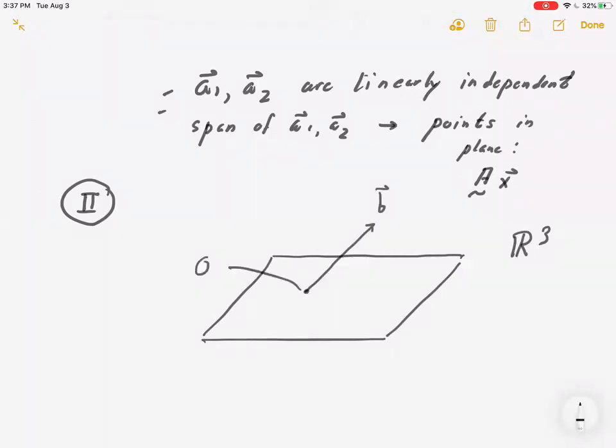And I want to know, what is the projection of B onto this plane? Well, if you think about it for a moment, this problem is a little bit more challenging. I can certainly take my vector B, drop a perpendicular line down to the plane, and I can get a projection here, which I'll call P sub 1.